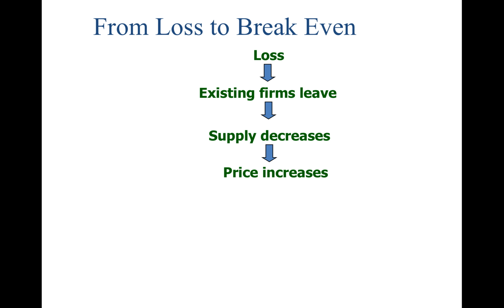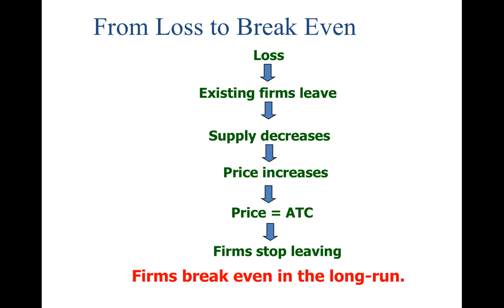The price will increase up to a level where price is equal to ATC. This is when firms have no more incentive to leave since they are breaking even. And remember that firms in perfect competition will break even in the long run.